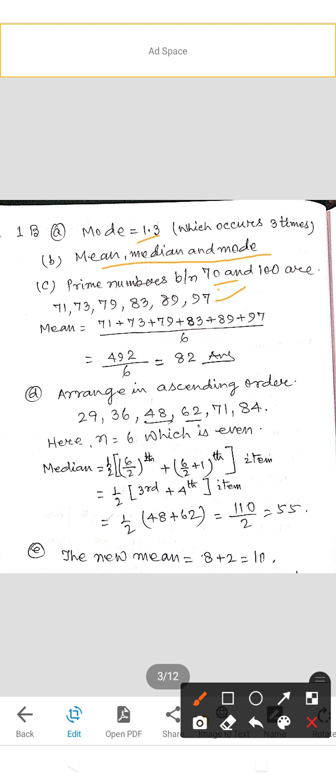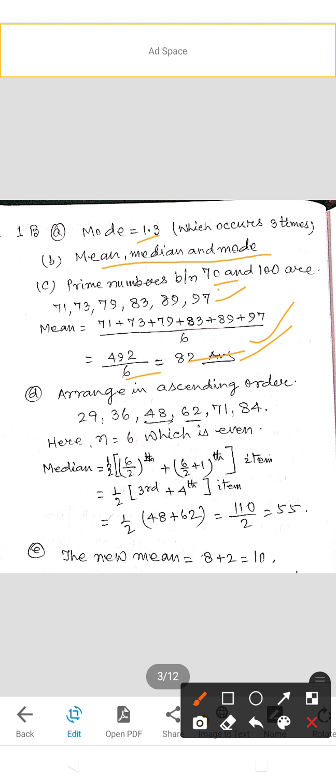Therefore, mean equals sum of all observations by the number of observations. So here total number of observations is 6. So (71 + 73 + 79 + 83 + 89 + 97) by 6 = 492 by 6 = 82.